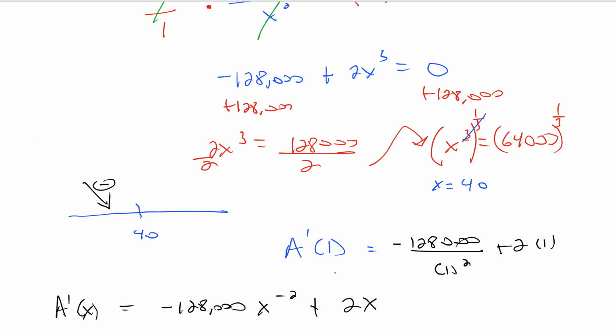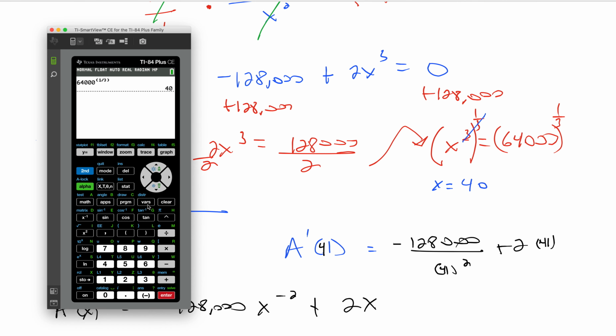Now we're going to be lazy and plug in 41. All right, so A prime of 41. So we're plugging in 41 into our derivative. Okay, and then we have negative 128,000 divided by 41 squared.